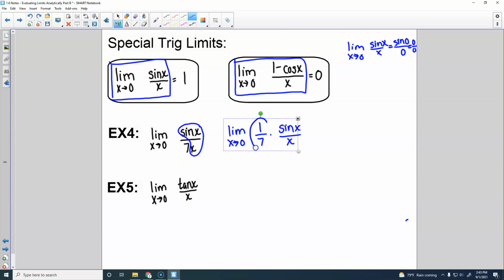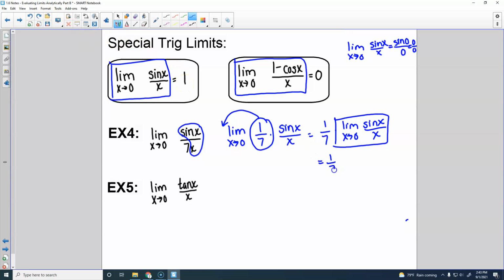Now, 1/7 is just a coefficient, right? So our limit properties tell us that we could just pull this out front. We could write it like this: 1/7 times the limit as x approaches 0 of sine x over x. And then this stuff right here, I told you up here that it always equals 1. So I got 1/7 times 1, which is 1/7.